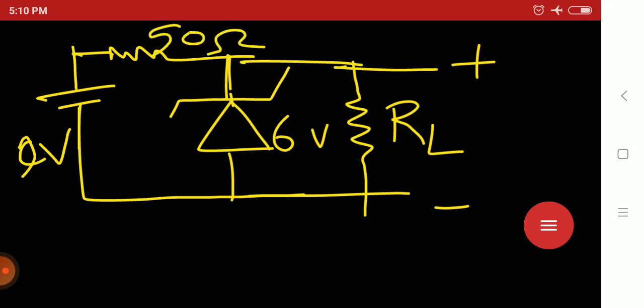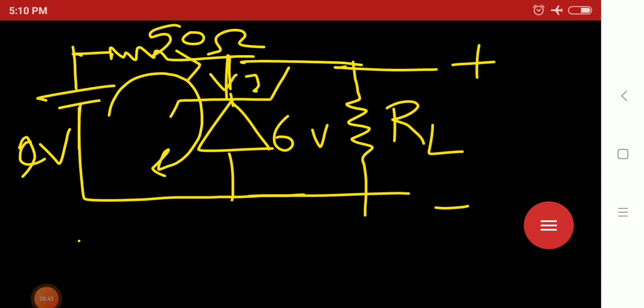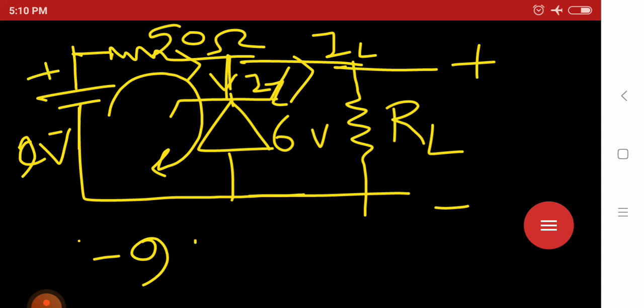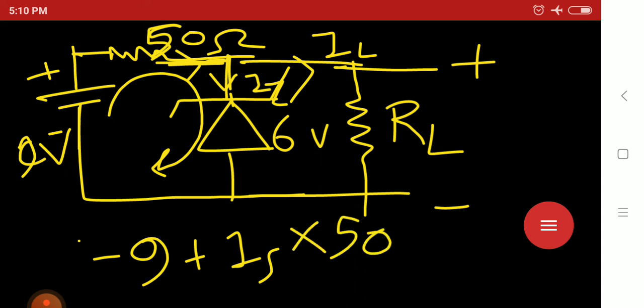Applying KCL and KVL, this is the Is current, distributed into Iz and IL. We apply the loop equation: minus 9 plus Is into 50 ohm resistance.